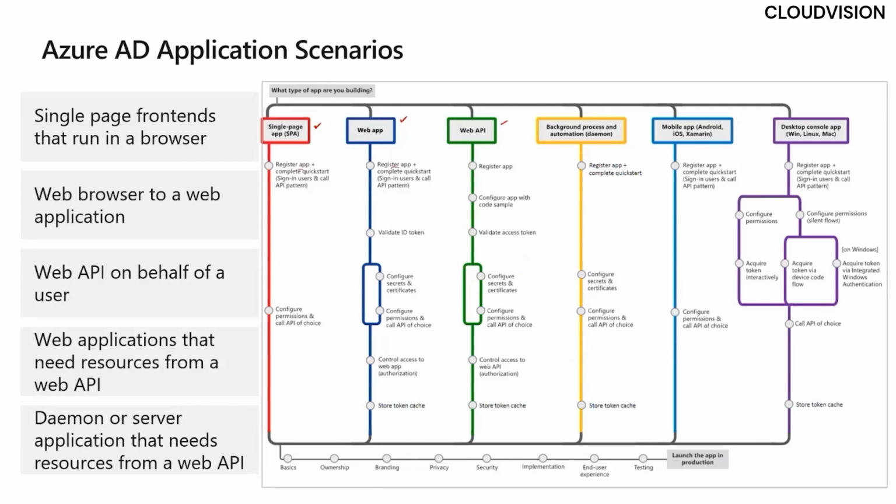Whatever kind of application it is, take a look at the first step: you have to register the app. No matter which kind of application it is, it needs to be registered first, and we are talking about registration with Azure AD.